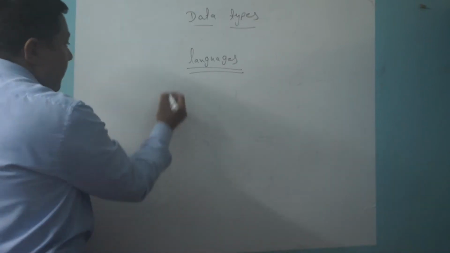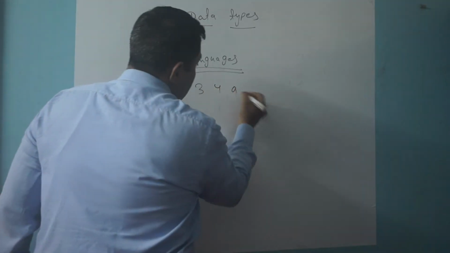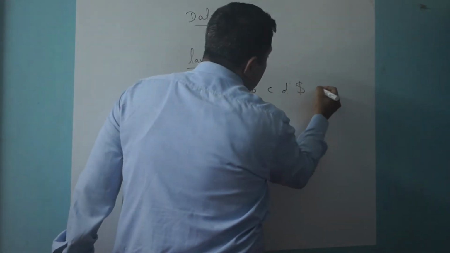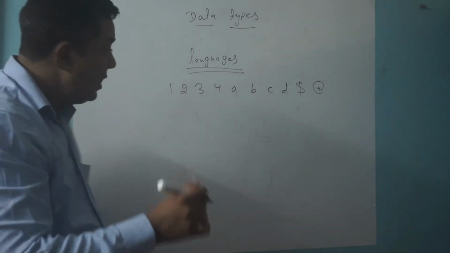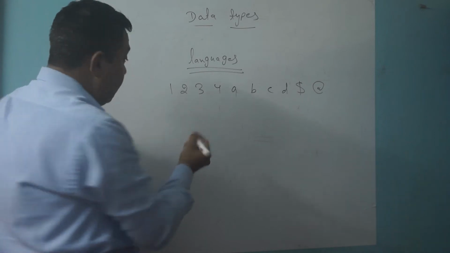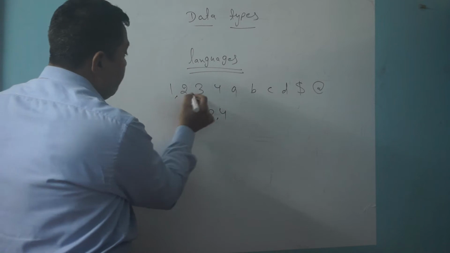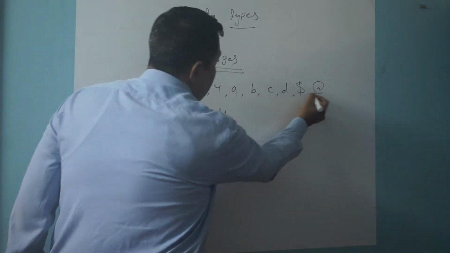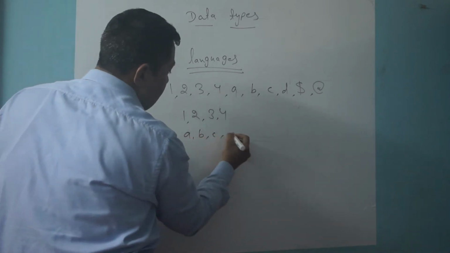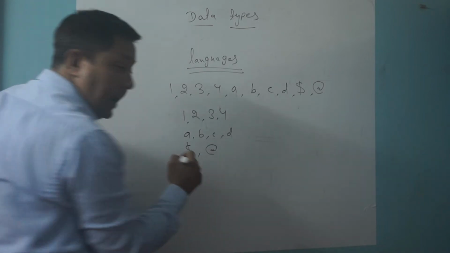Like if we have 1, 2, 3, 4, A, B, C, D, $, @. The human mind can differentiate according to their category. 1, 2, 3 and 4. The second one is A, B, C and D, and the third one is the $ and @ symbols.